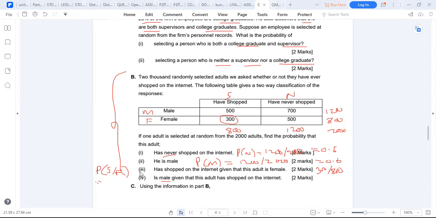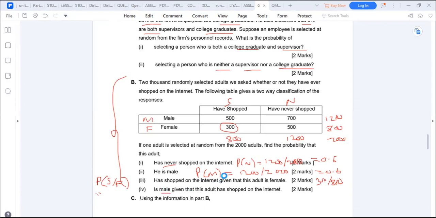What is the notation? Anyone? Are you getting me?